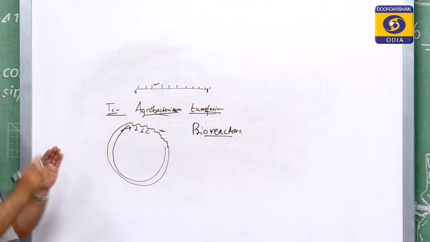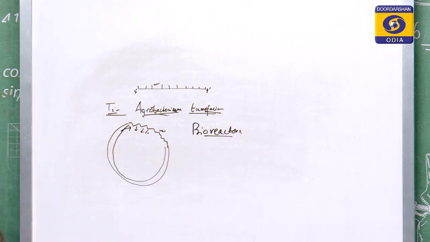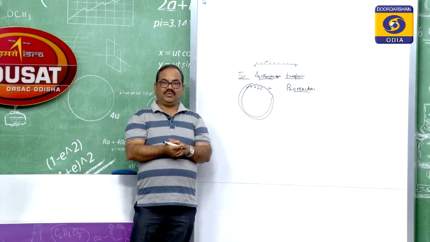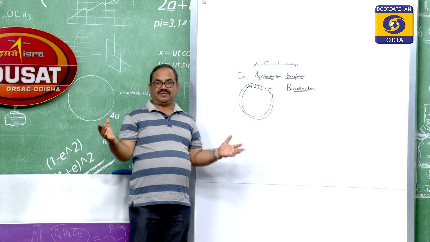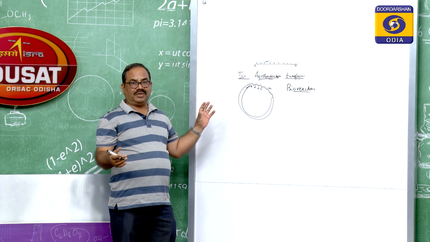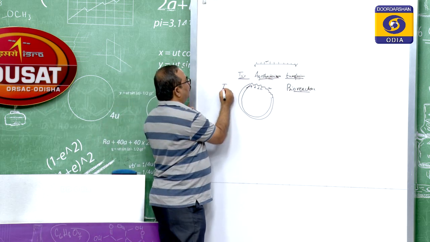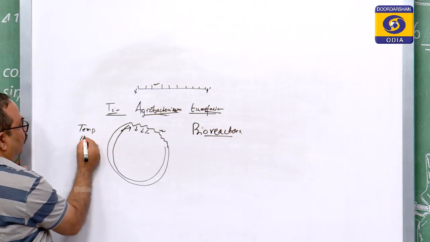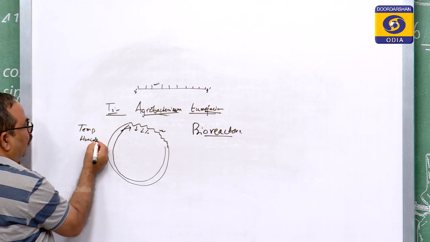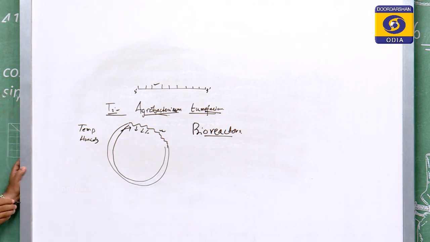So, if we take a very small culture vessel, we can do it at laboratory scale. If we use very large culture vessels having all control measures, we control the temperature, we control the humidity, we control the oxygen content, we control everything, everything goes in a controlled condition.